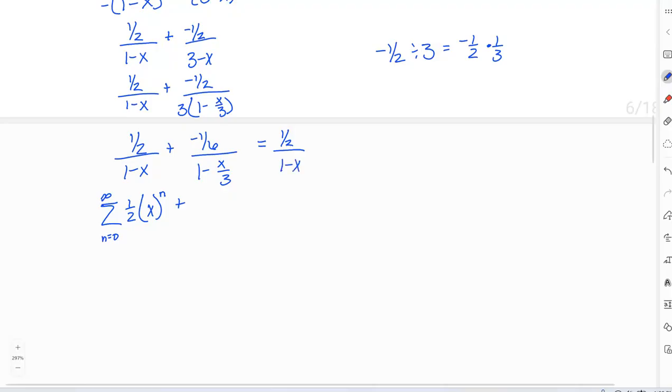That way we're subtracting these series. So I'm going to think about 1/2 over 1 minus x minus 1/6 over 1 minus x over 3. So minus the sum from n equals 0 to infinity of a is 1/6, r is x over 3 to the n.